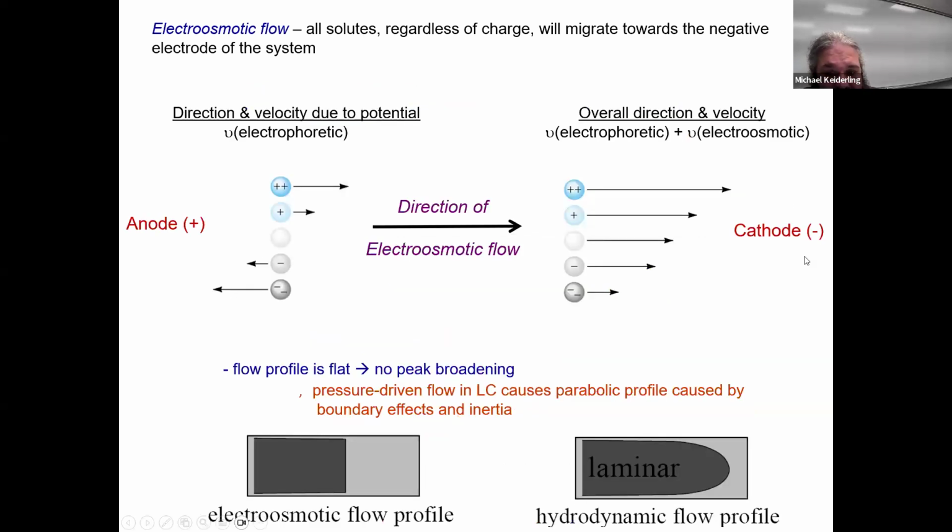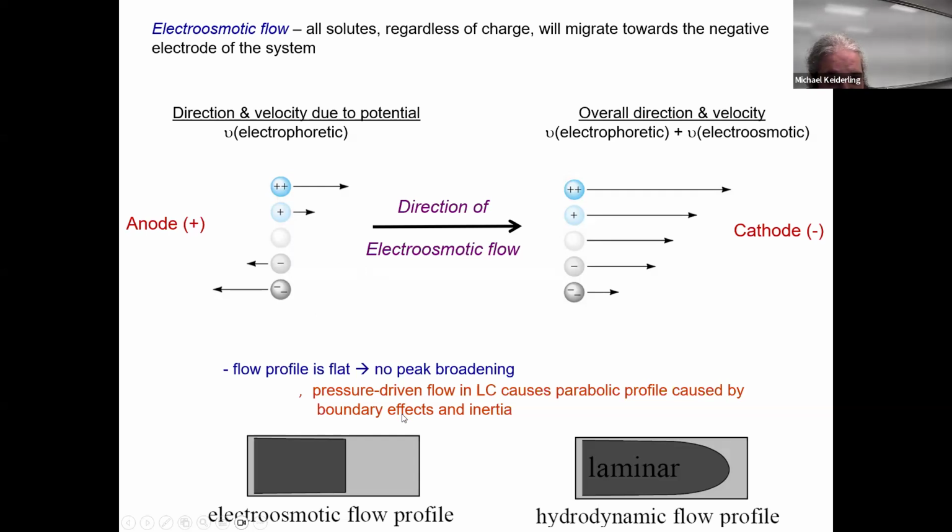But more positively charged things will move faster, where negatively charged things will move slower. So if you just have electrophoretic flow, positive would go one way, negative would go the other way. But if you add the electroosmotic flow, you get everything going towards the cathode, but the more positive goes faster. The flow profile here is flat.